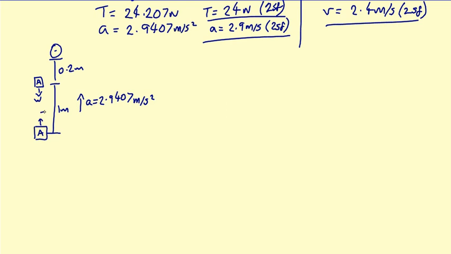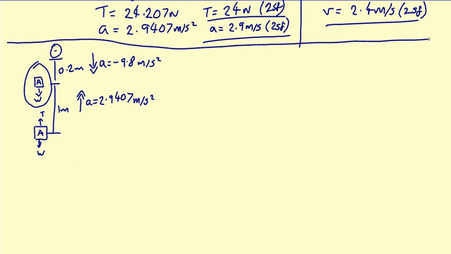Here we had tension pulling it up and the weight pulling it down. So here, this is essentially going to be under free fall, i.e. acceleration will be minus 9.8 meters per second squared. Acceleration due to gravity.